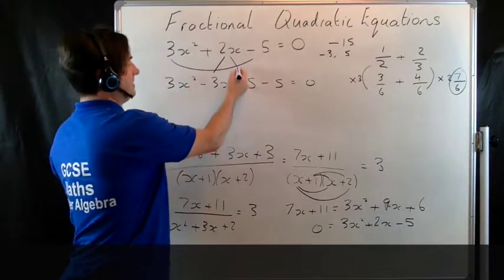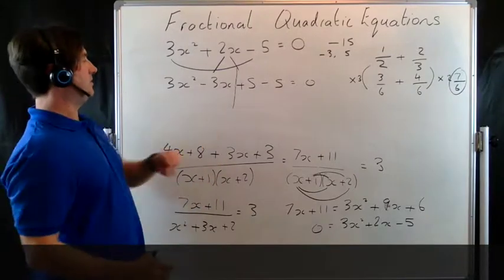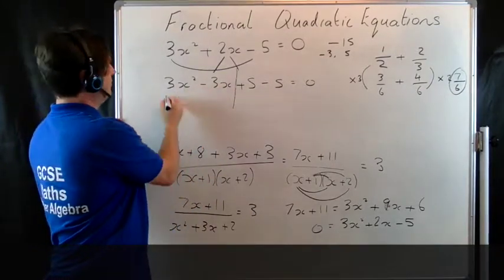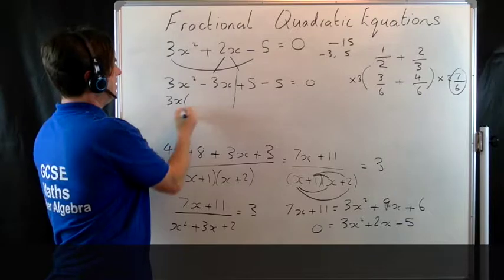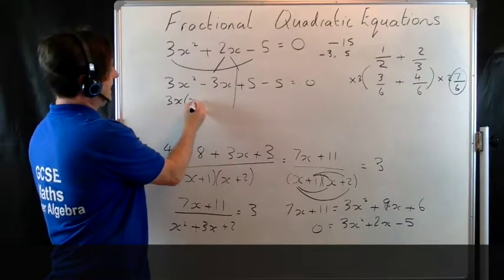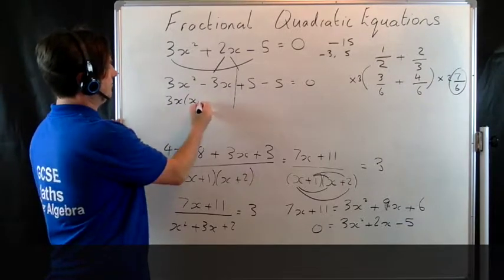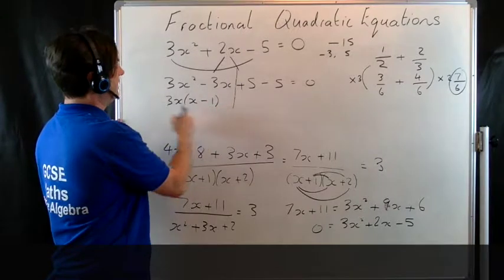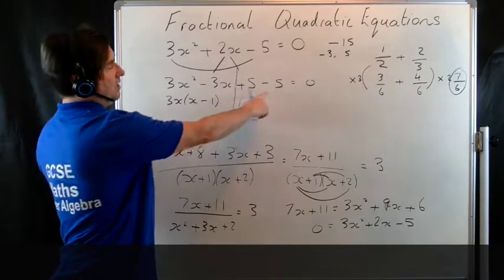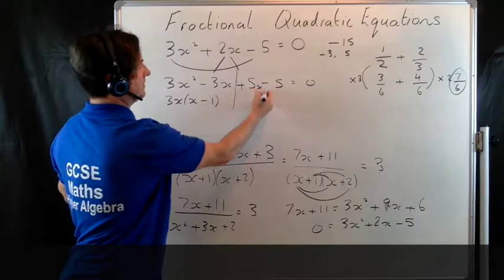I then factorise in pairs, split it down the middle. What occurs in both? 3x. Open brackets, 3x times x gives me 3x squared, and 3x times minus 1 gives me minus 3x. What occurs in both here?